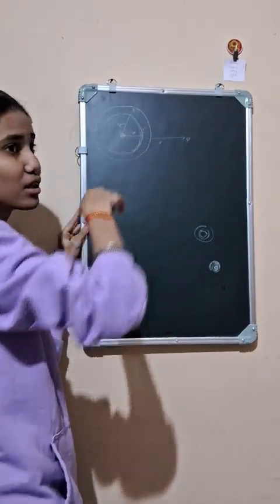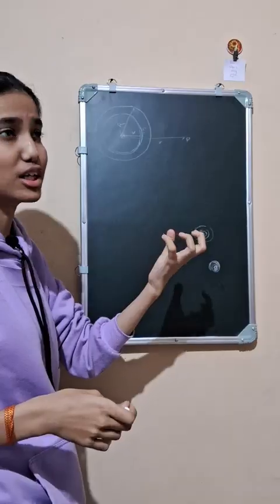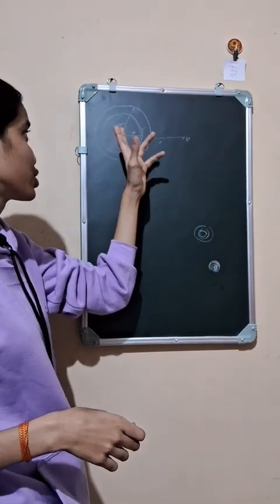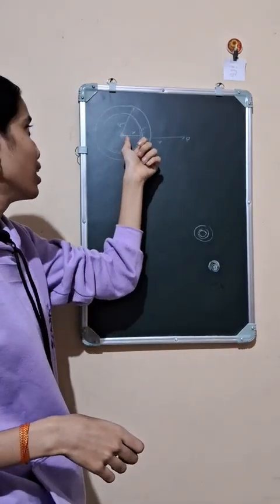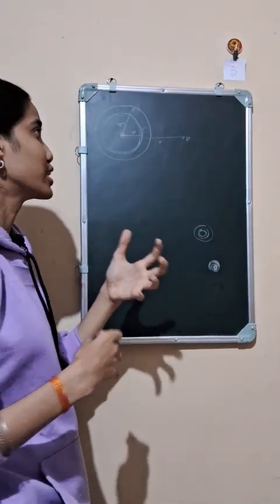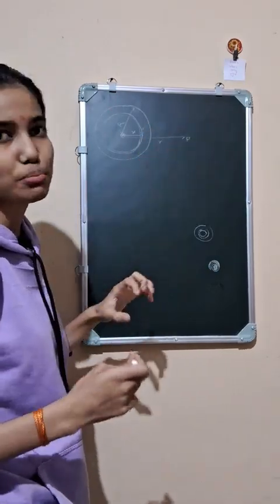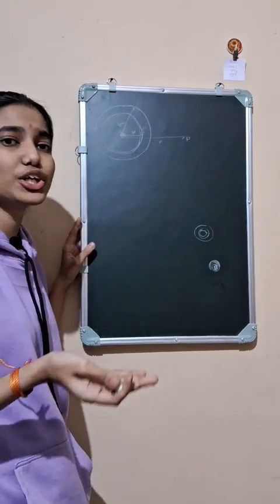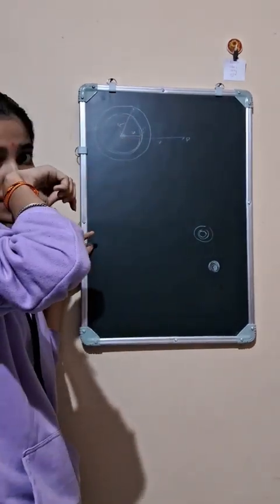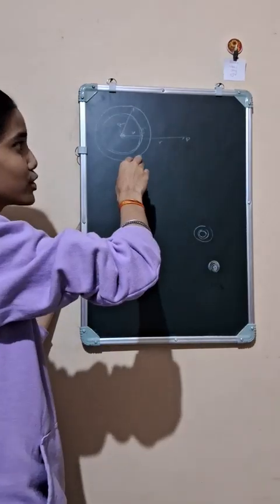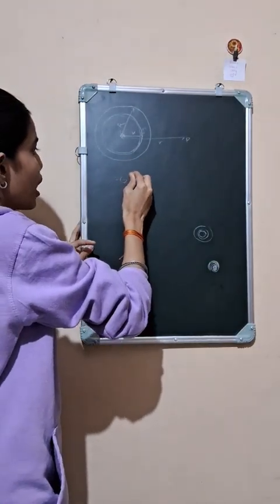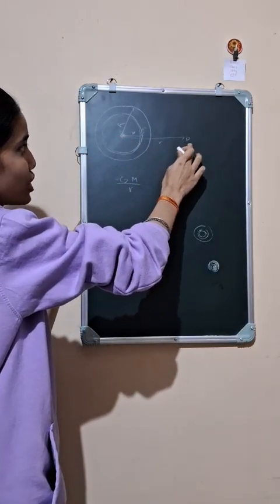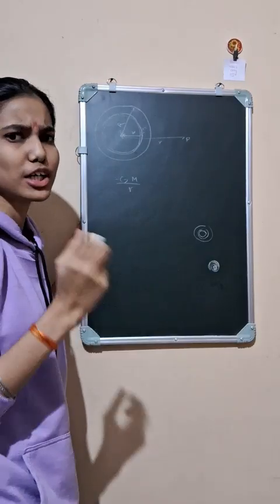And if I calculate the potential due to this elemental spherical shell, I can integrate it for a radius of nearly 0 to that of capital R, and after integrating this we will get the total potential due to this solid sphere at this point P. So what was the expression of potential due to a spherical shell? In the last class we derived that the potential due to a spherical shell is minus GM by small r, the distance of the point from the center of the spherical shell.